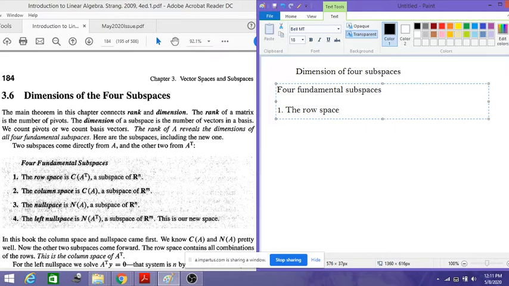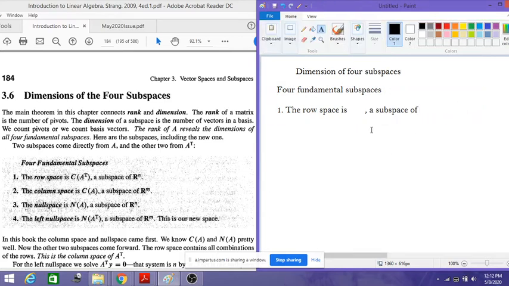The row space is what we get if we transpose the matrix and bring it into column form, so we define it as the column space of A transpose. We have done this in the previous tutorials; you can just refer to it. So the row space is C of A transpose, a subspace of R power n.